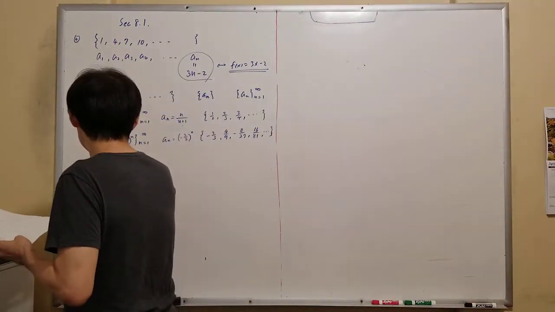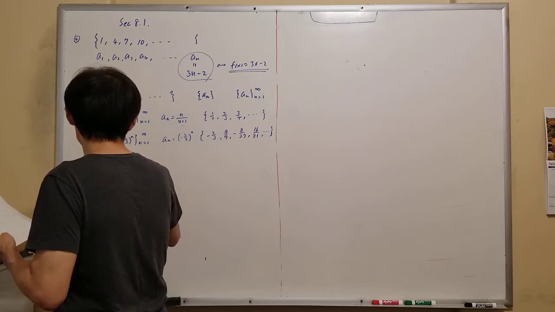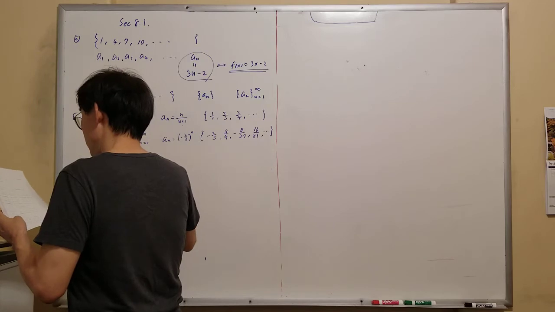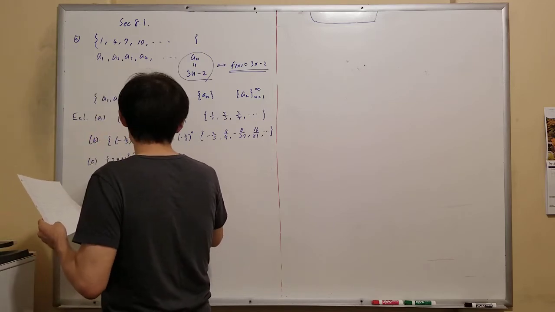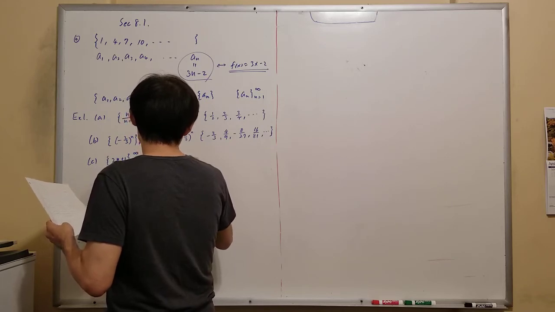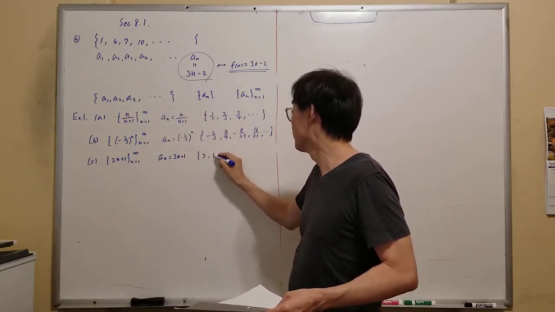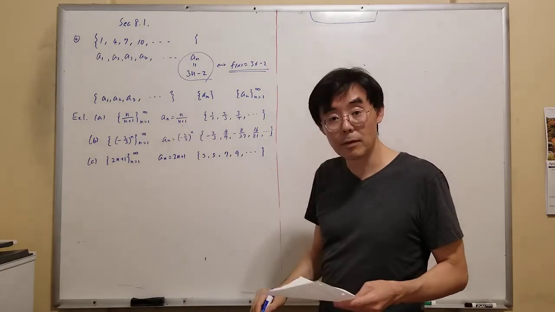Or, you have 2n plus 1, n runs from 1 to infinity. 2n plus 1, n equals 1, 3, 5, 7, 9. Okay?